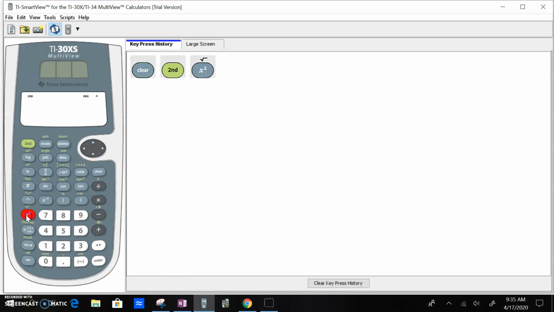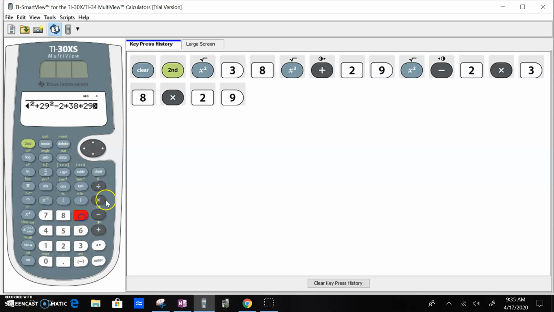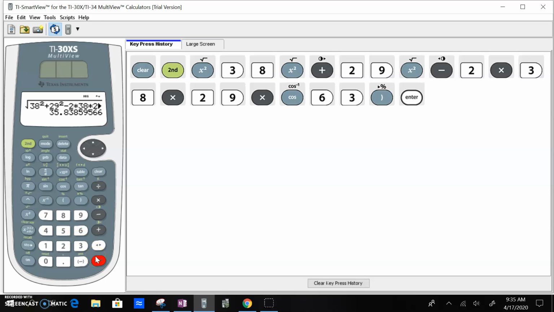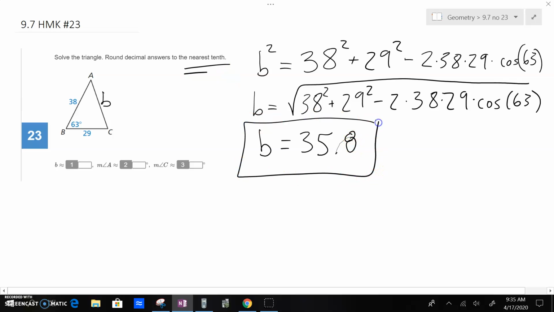We'll do square root of 38 squared plus 29 squared minus 2 times 38 times 29 times the cosine of 63. And that's that entire string of information. We hit enter and we get 35.8. So we'll go back over here and say that means side B is 35.8. And I believe, yep, nearest tenth. So 35.8 for side B.